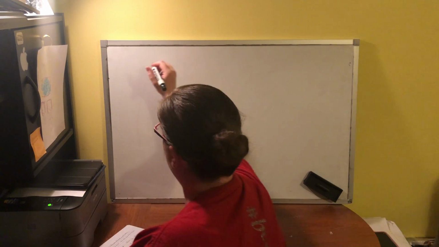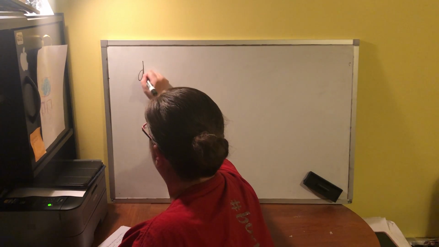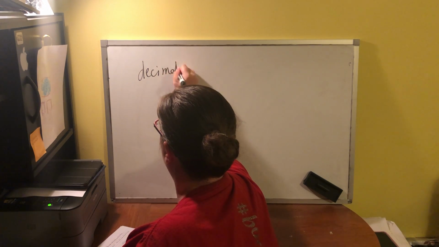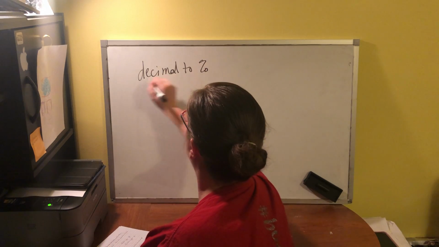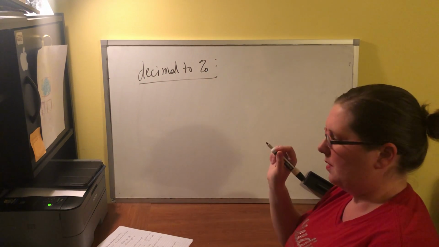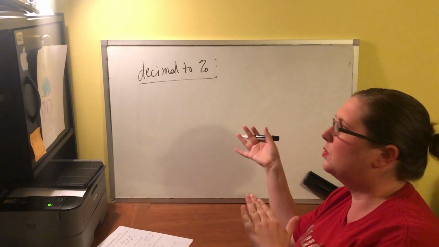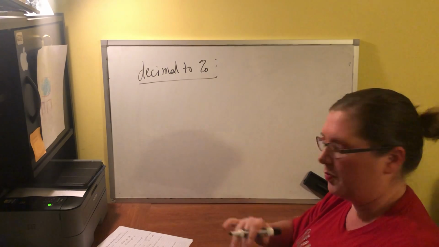All right, so the next thing we're doing is we are changing a decimal to percentage this time. So last time we did a percentage to a decimal. Now we're doing a decimal to a percentage.